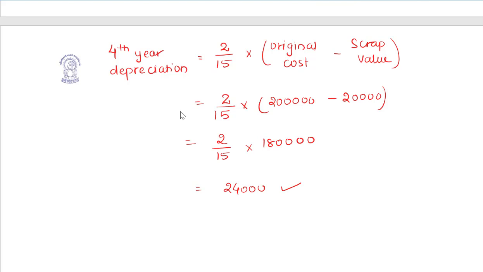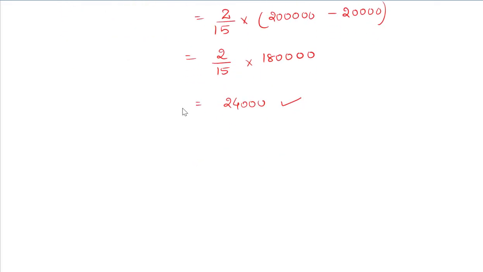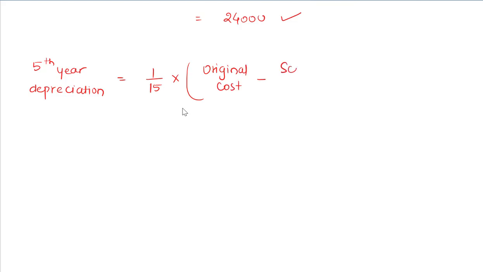Now calculate the depreciation for the fifth year. Fifth year depreciation equals 1 by 15 multiplied by original cost minus scrap value.